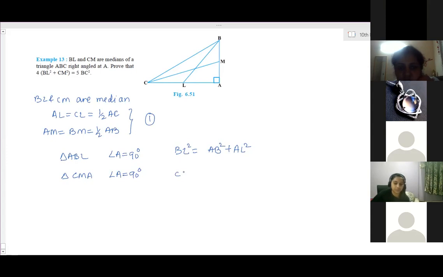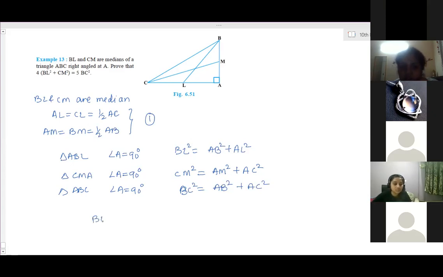So therefore CM square is equal to AM square plus AC square. And triangle ABC, angle A is 90. So therefore BC square is equal to AB square plus AC square.